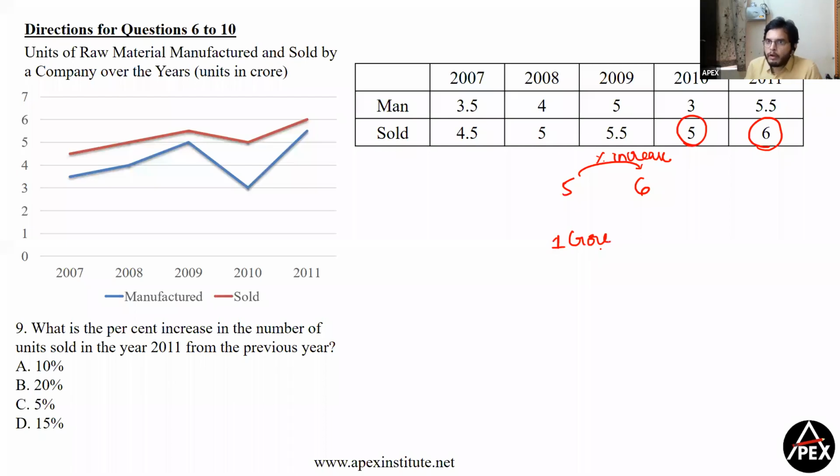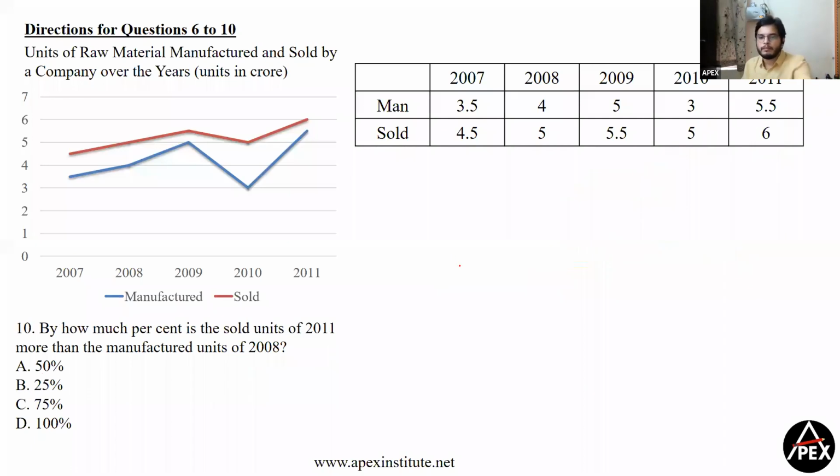Now what will be in the denominator? Will it be 5 or 6? It will be 5 because we are comparing it with the previous year, isn't it? So 1 by 5 into 100. So this is 20%. Straightforward question. So answer should be option B.